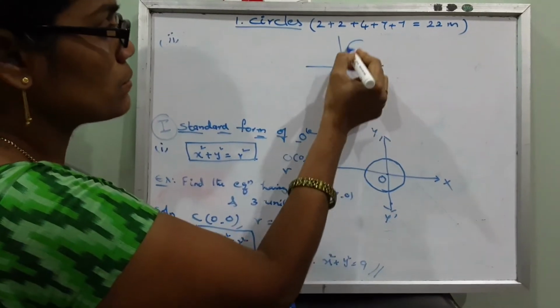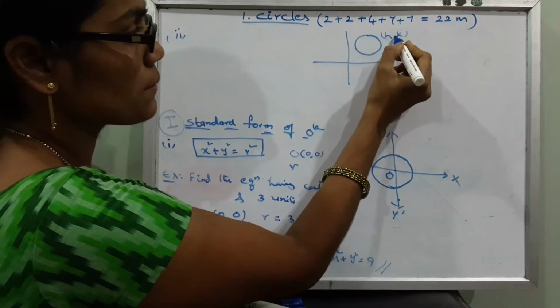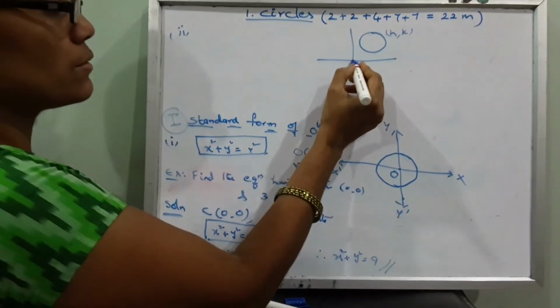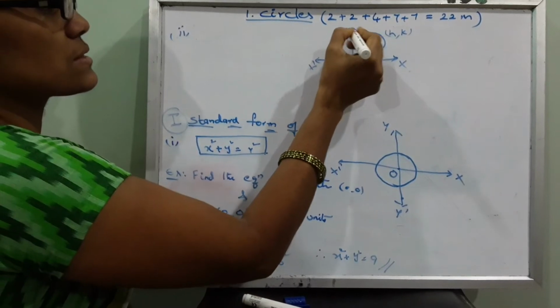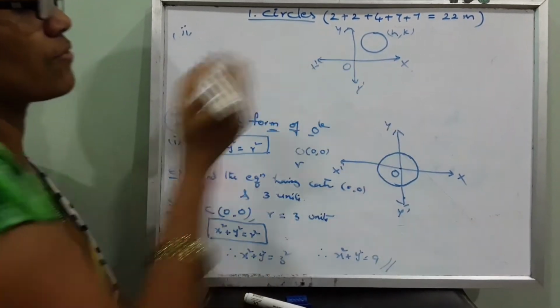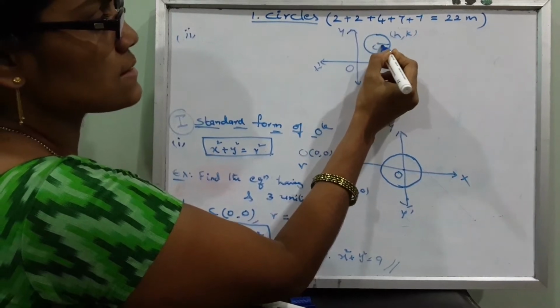In case 2, the circle has any point h comma k as center, and this is the radius.